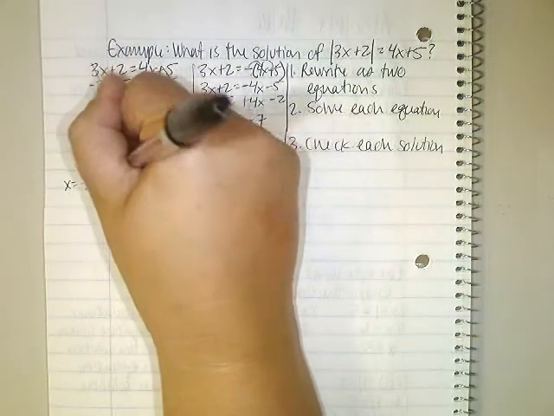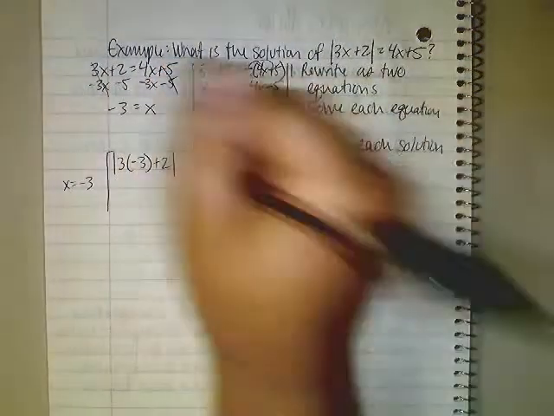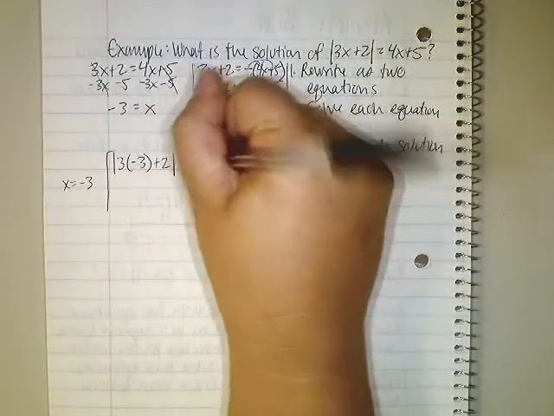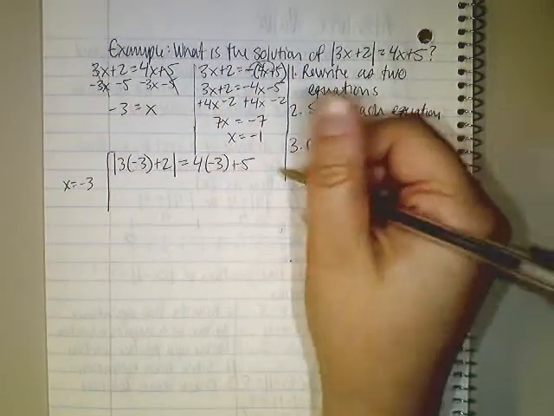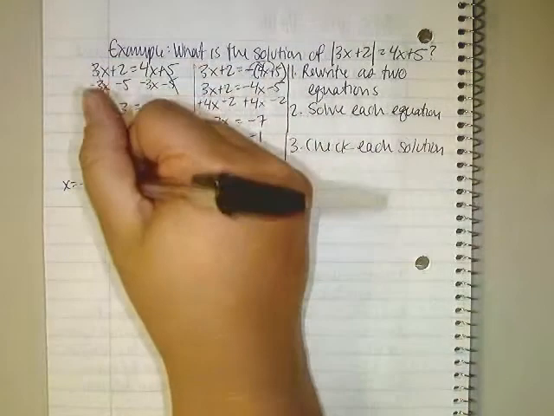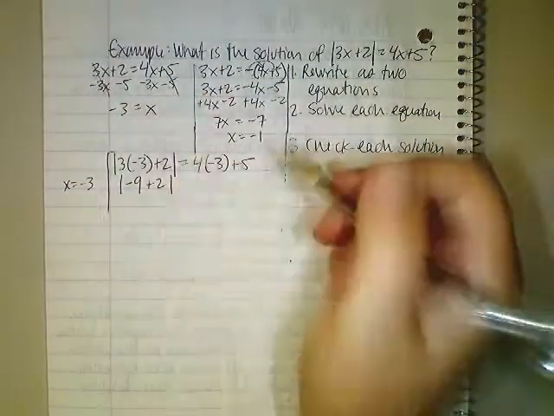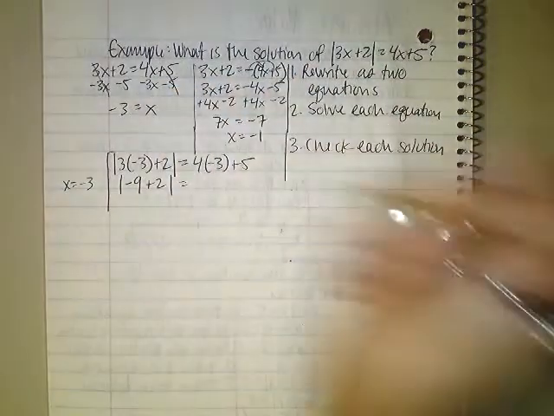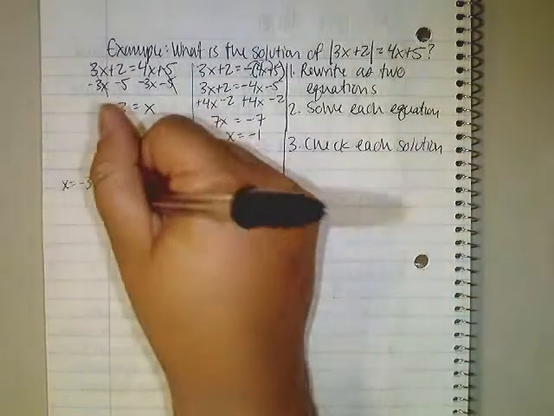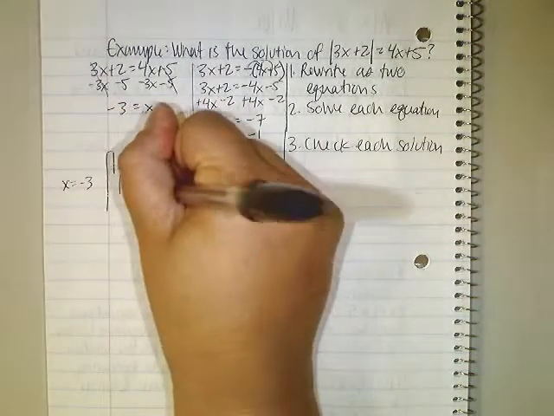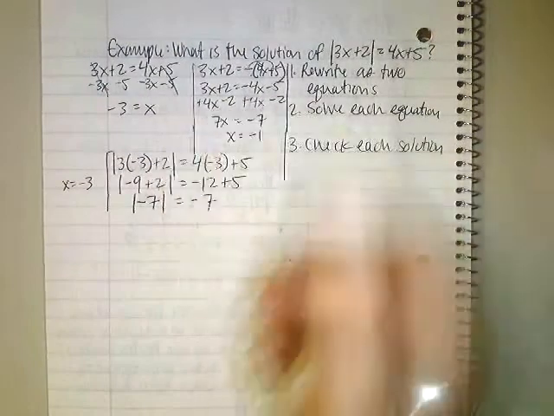I have the absolute value of 3 times -3 plus 2, close absolute value, equals 4 times -3 plus 5. So this is the process of checking. I know -3 times 3 is -9 plus 2. Again, that's still an absolute value. 4 times -3 is -12 plus 5. -9 plus 2 is going to be -7. So I have the absolute value of -7 is equal to -12 plus 5, which is -7.